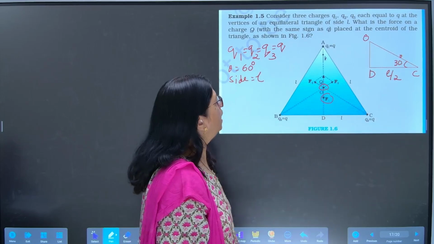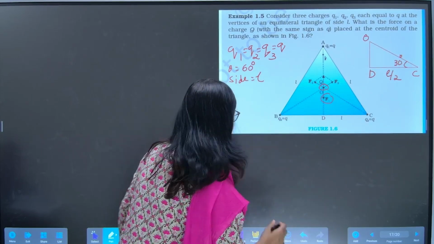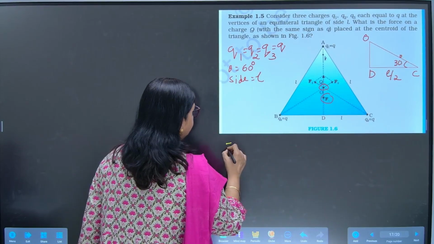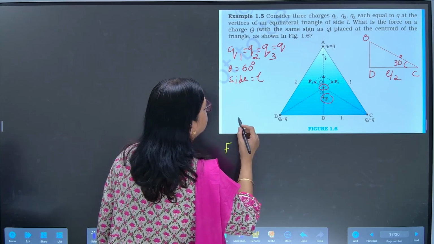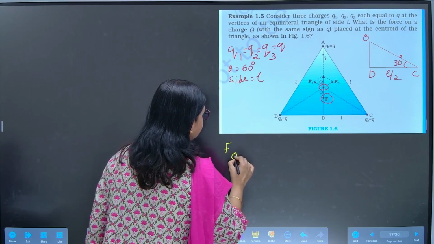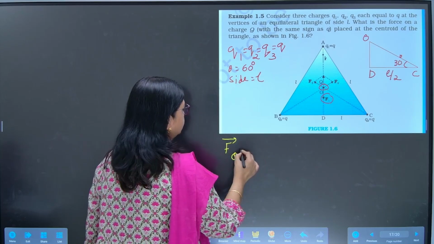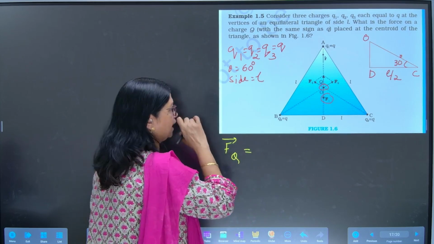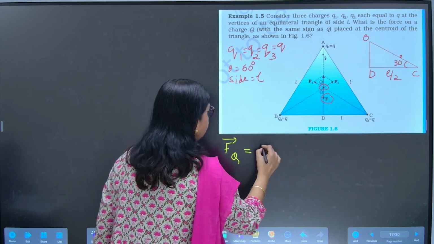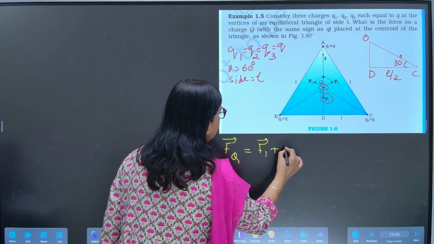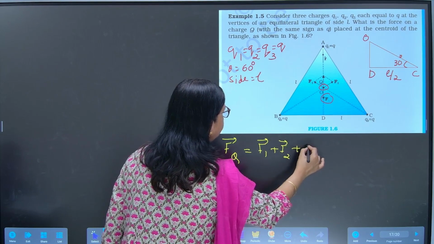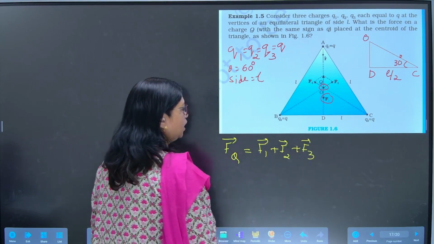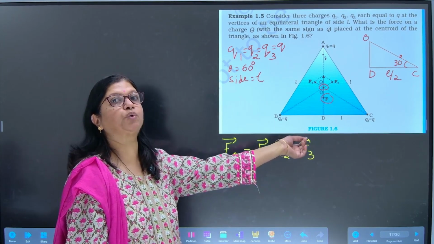Okay, so let us use the superposition principle and write down the total force on the charge at the centroid, given as FQ. Let us denote it as FQ is equal to F1 plus F2 plus F3. Now our work is to add them vectorially, right?